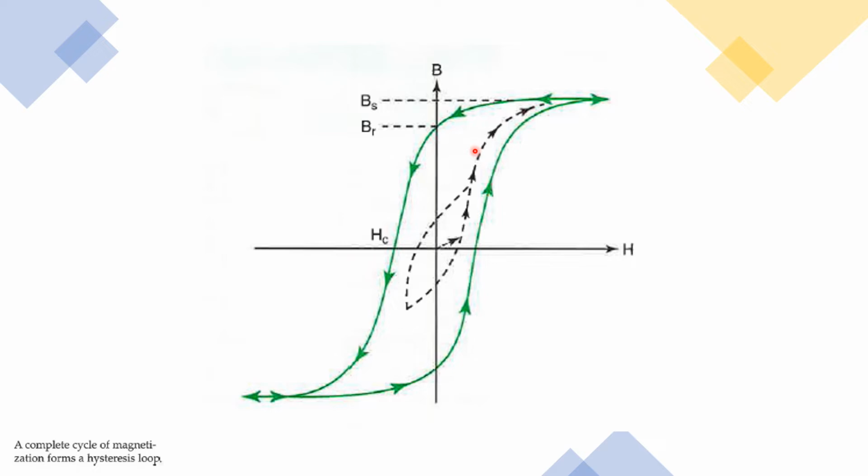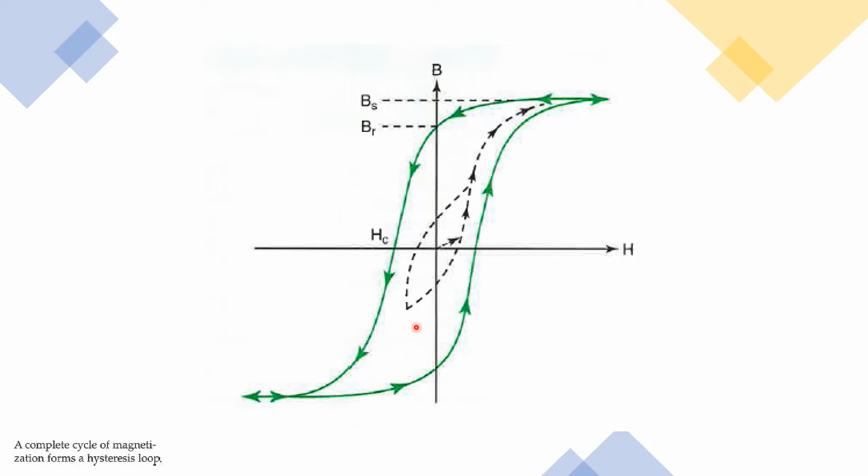This is just a graph describing that phenomenon: a magnetic field applied to a material, the flux is born, and then you can remove the field. Then the flux is going to stay on a little bit, and then it's going to go back down, forming some sort of loop like that.